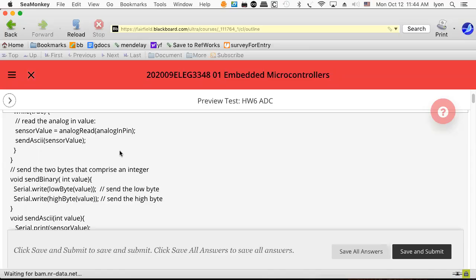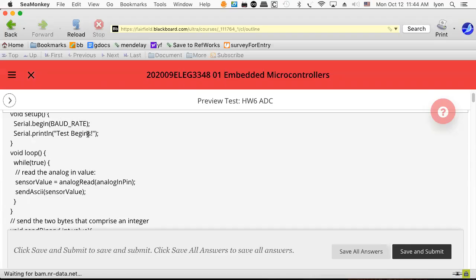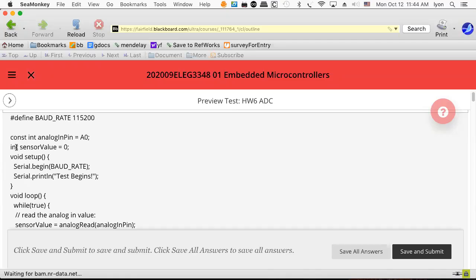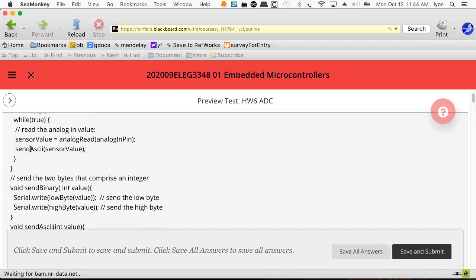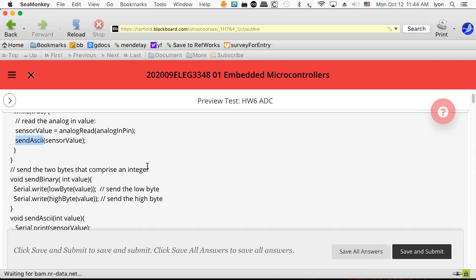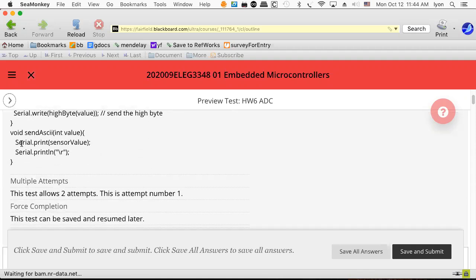So that's interesting. I mean, what's that about? And so sensor values are coming in, I would guess, as integers. Here they are. It's an integer for sure. And then we're sending it out as ASCII. So to send it as ASCII, we do a serial print line, and then we're telling it to do a \r. What's that mean? What's a \r?